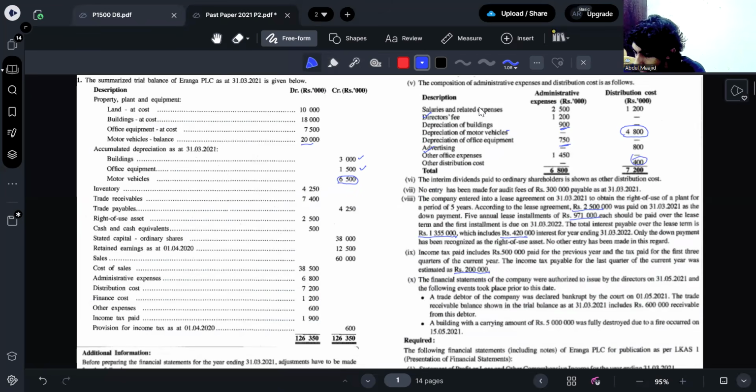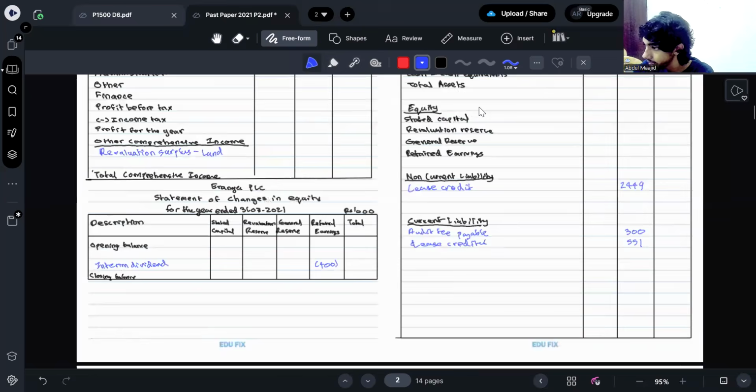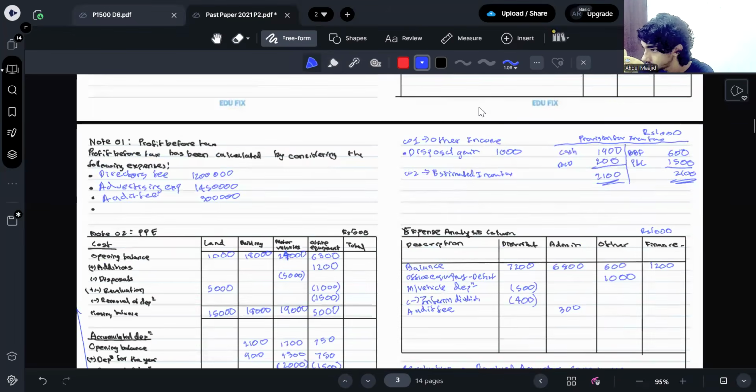So totally income tax paid is 1,900,000. Out of that, we have paid 500,000 for last year. Then for the first 3 quarters of this year, we have paid 1,400. So I'll just tell you all how to find estimated income tax. Where can I show that?